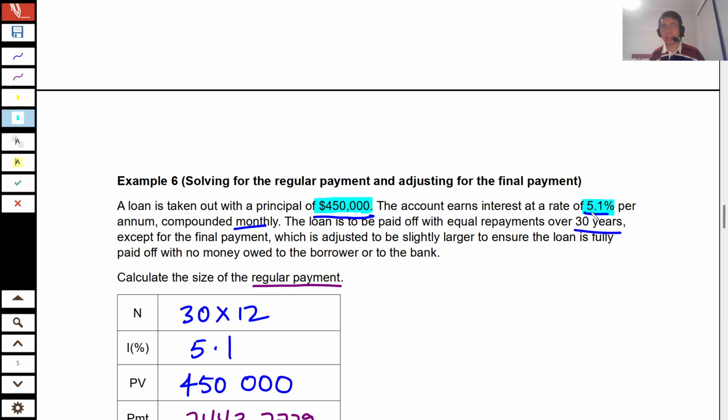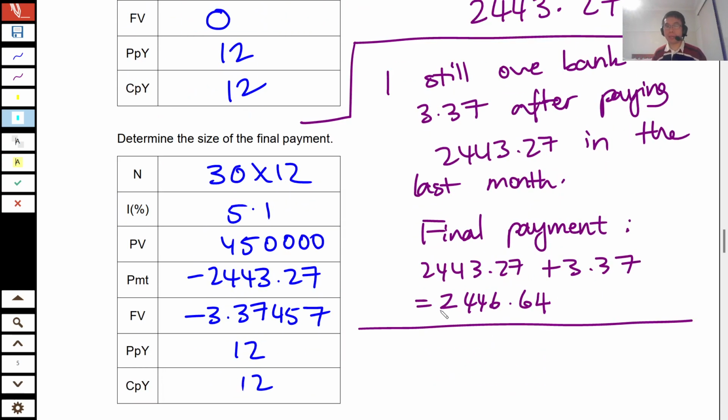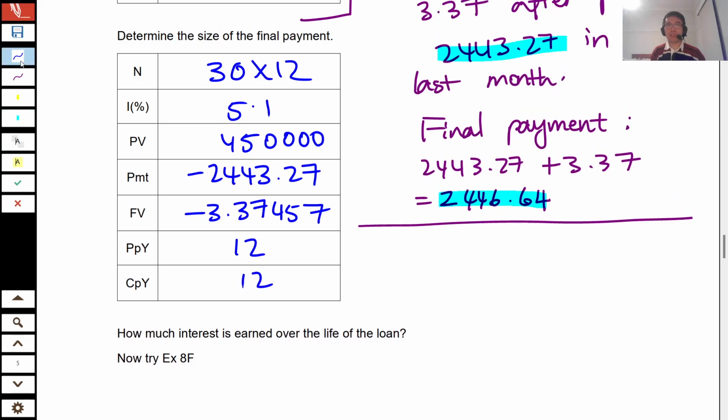The loan earns interest at the rate of 5.1% per year. Interest is compounded every month, and we're going to make regular payments over 30 years, and we are going to make an adjustment for the final payment. When we were in class, we solved for the regular payments, and we also figured out the final payment, and that was these two numbers here. So the question is, how much interest is earned over the life of the loan?